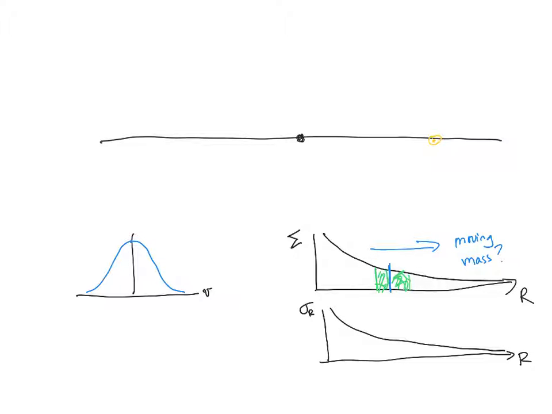Which means that at that coordinate, some stars are going to be moving a little faster, some a little slower than the circular velocity, some moving outward, some moving inward. I'm going to color code this. If this were phi, so azimuthal, then this velocity right here would be the circular velocity.